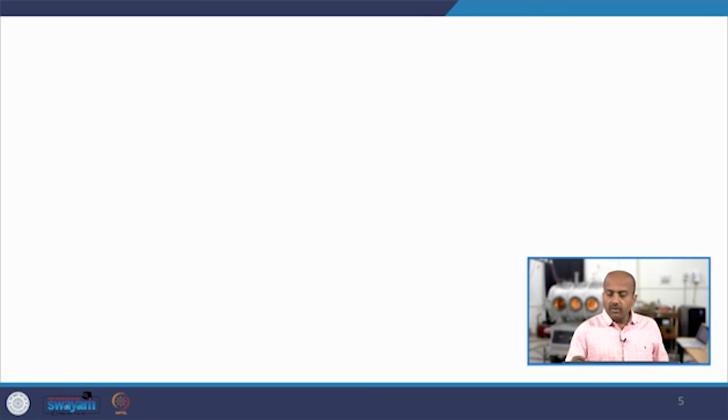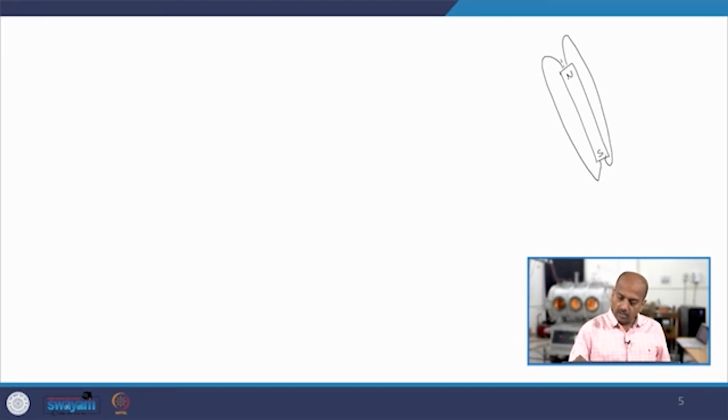An example: if you take a bar magnet, you have the north and south pole. The magnetic flux lines will converge and diverge from its poles.